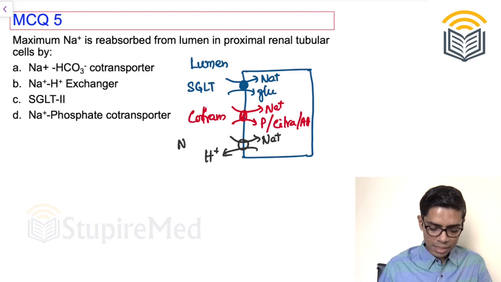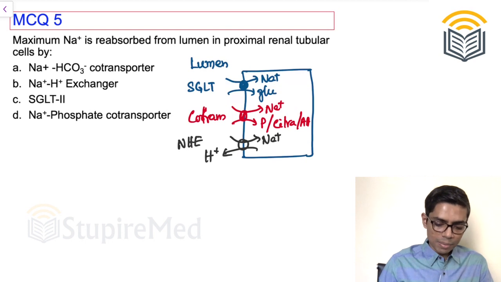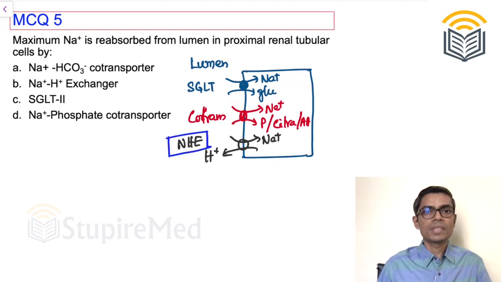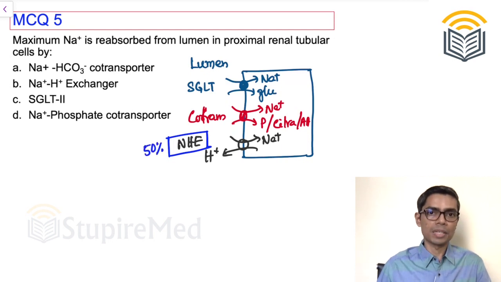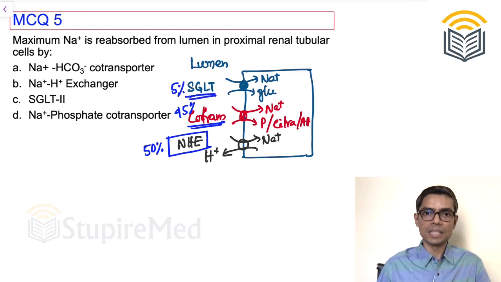This is nothing but NHE. Note down that from the luminal surface, NHE reabsorbs 50%, the maximum of sodium. Another 45% is reabsorbed by the co-transporter molecules, and only 5% is reabsorbed by SGLT.